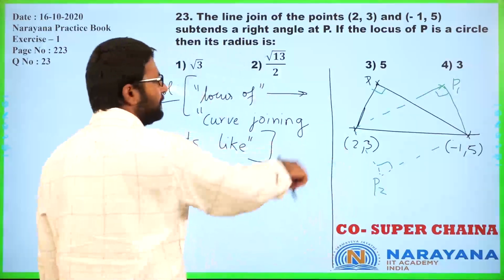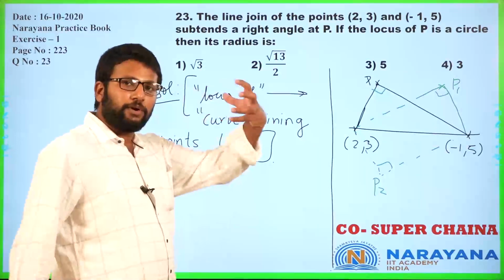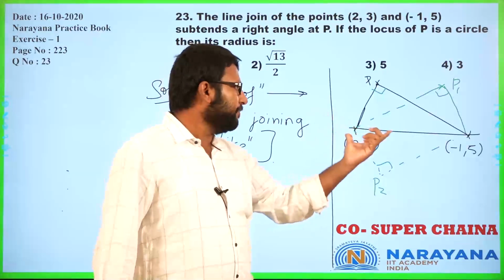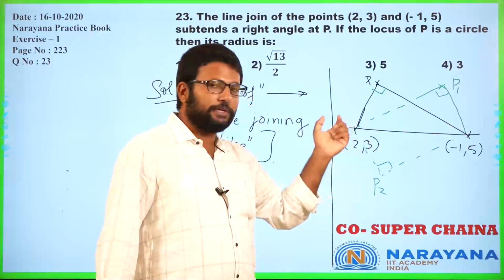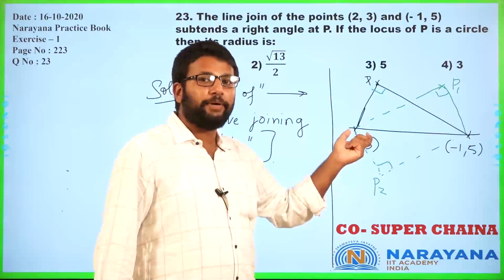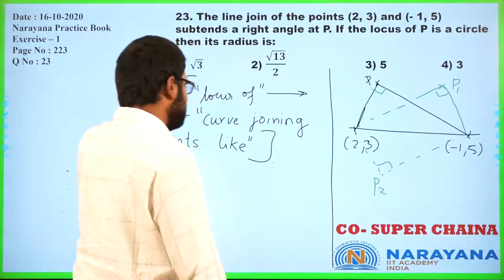Do you realize this will also be 90 degrees? Now, do you recall that whenever the angle subtended by the diameter on any point of the circle is 90 degrees? Do you remember this?